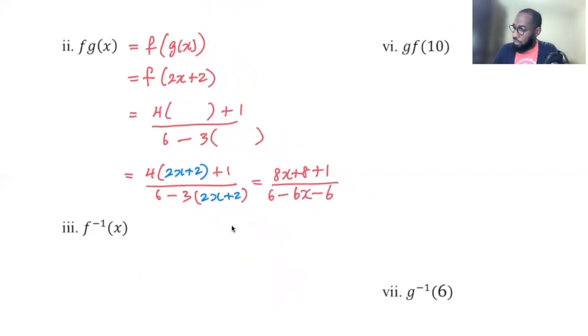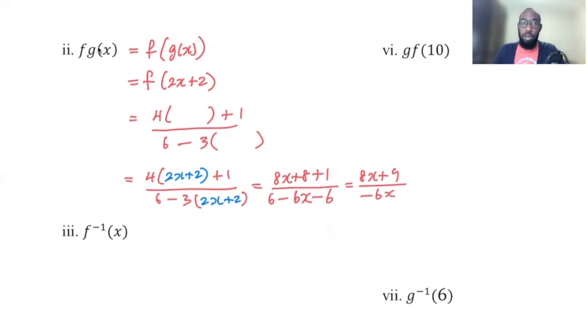All right, so continuing, the answer will be 8x plus 9 divided by -6x, because 6 minus 6 is 0. Let me write that x a little better. All right, so when you combine fg of x, you will get 8x plus 9 divided by -6x. So you combine two functions and you get one function, which is this here.